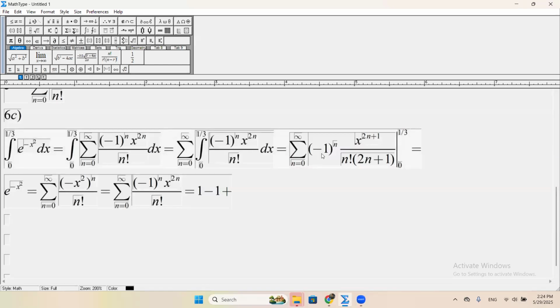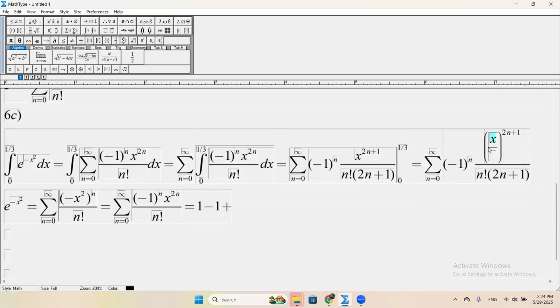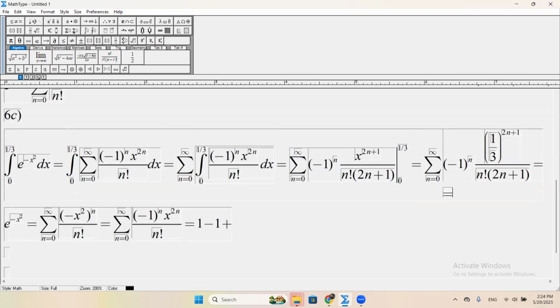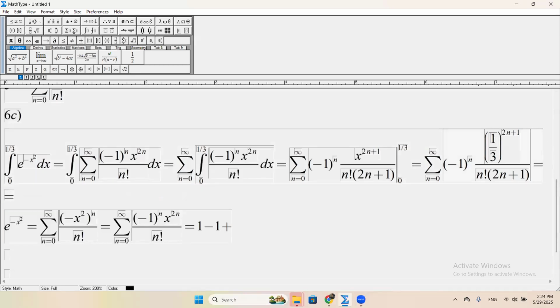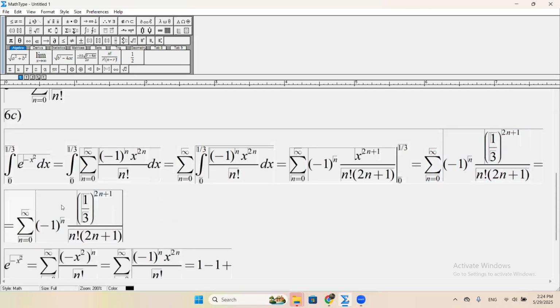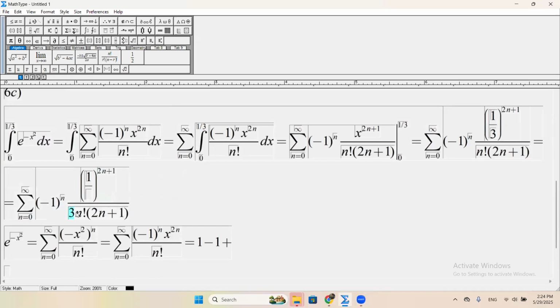So if I substitute 0, I will just receive 0. If I substitute 1 over 3, I receive a numeric series. So 1 over 3 to the power of 2n plus 1.